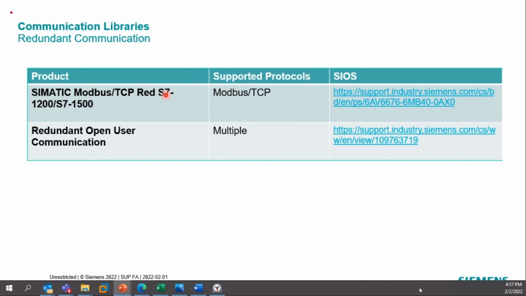You can add this redundant block and use Modbus TCP communication, because in many cases for communication with DCS and other third-party devices, customers ask for redundancy in Modbus TCP. So with this Modbus TCP block, we can achieve that also. And for redundant open user communication, there is also an application example where it can be used. So all the different redundancy possibilities with the different libraries are available on our support site.